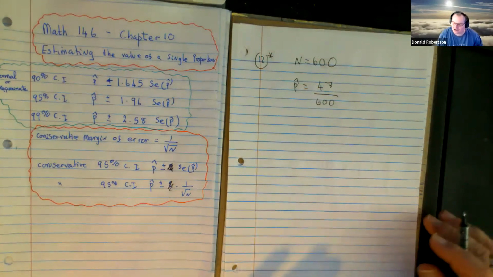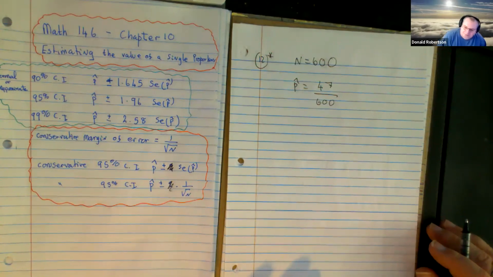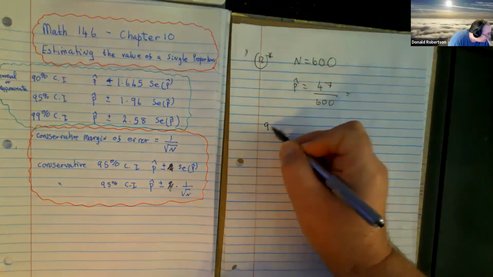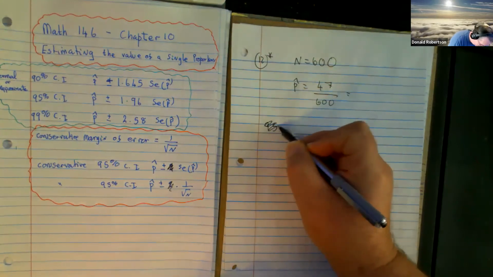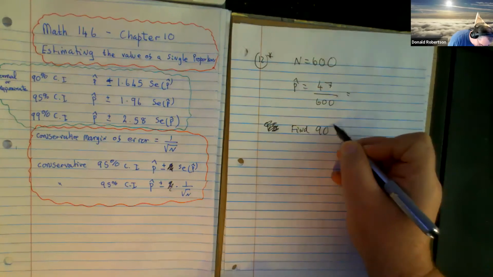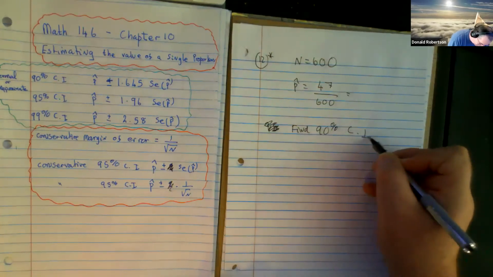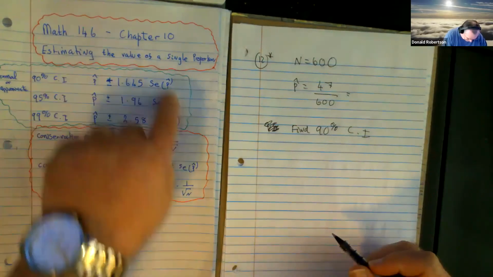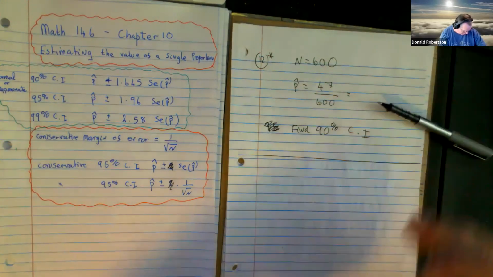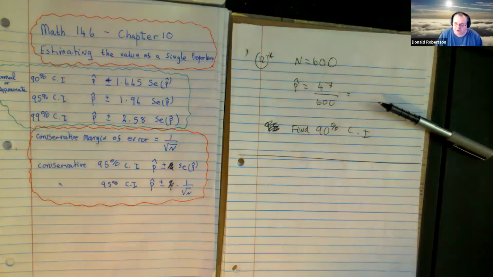So if they were in charge, they would have sacked their boss. I want you to find a 90% confidence interval based on that information. And you have got 3 minutes to do that.